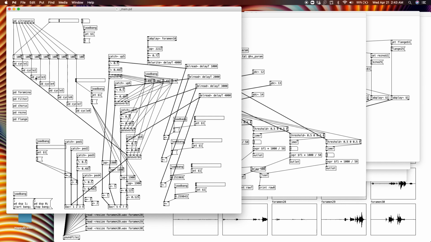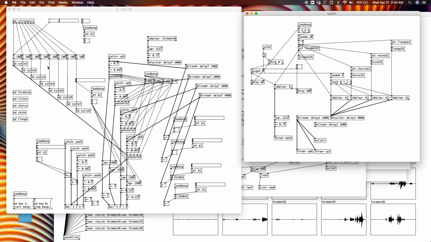There's 4 speakers in the atrium, about 2 stories up, and then 4 speakers right at the base of the pedestal, underneath the pedestal. So the sounds coming out of the pedestal speakers are pure. They have no effects, and they're of the porcelain crinkling. And then the upper speakers have an expression that is with the effects.